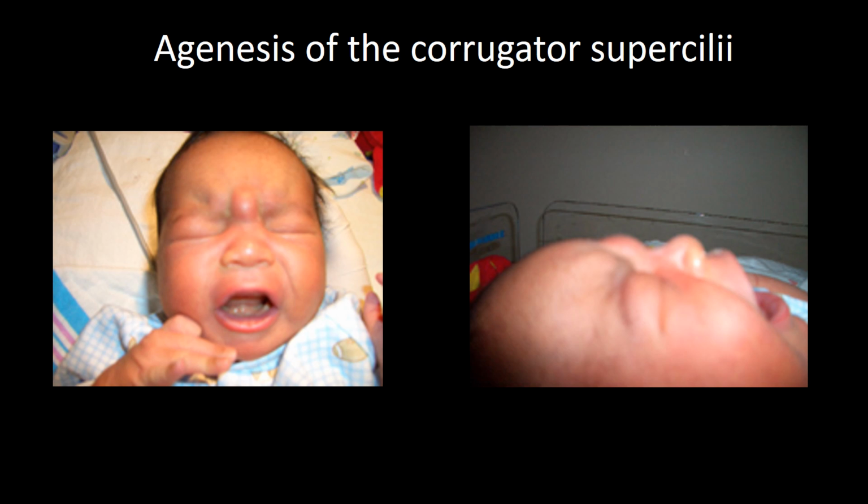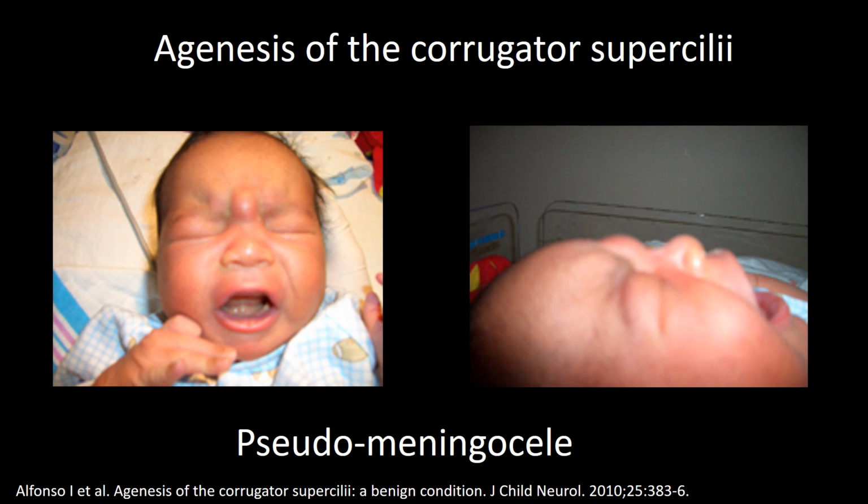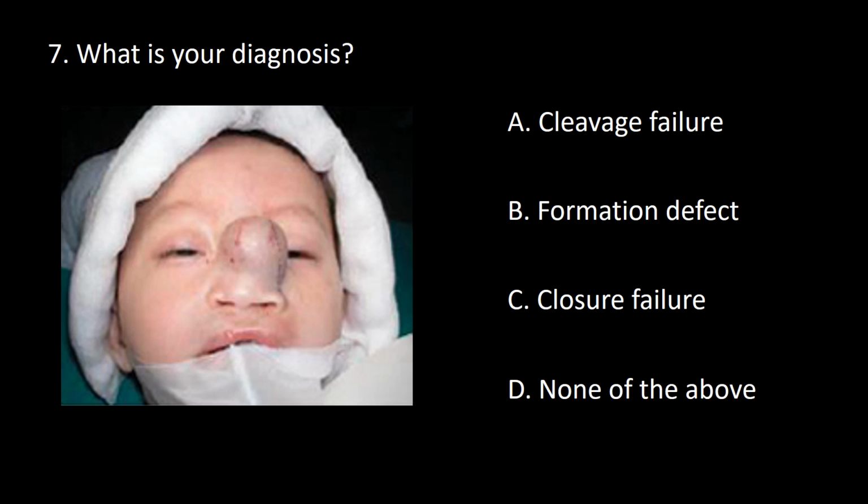The lump was due to the absence of a muscle called corrugator supercilii. The mass is the subcutaneous fat protruding through the area of the missing muscles. Hence, this lesion can be labeled a pseudo-meningocele. So the answer to this question is C.